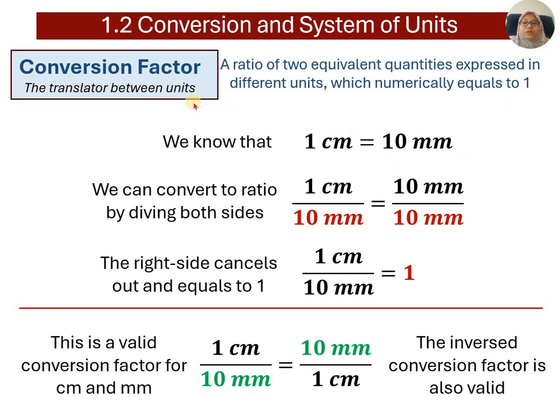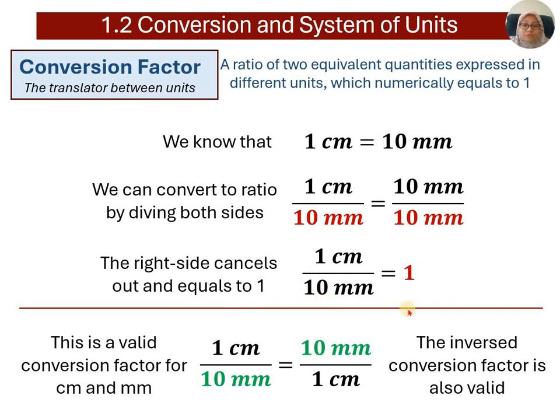Okay, we will make our own conversion factor from the information that we already know. So for example, we know that 1 centimeter is equal to 10 millimeter. We convert this information into a ratio by dividing both sides by 10 millimeter, and the right side here will equal 1 because it's the same value and same units.